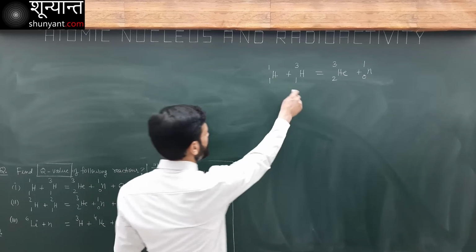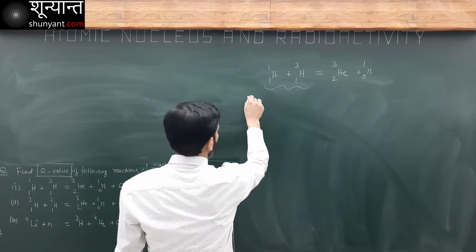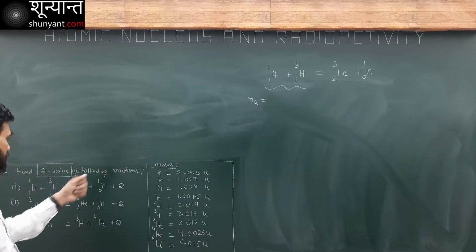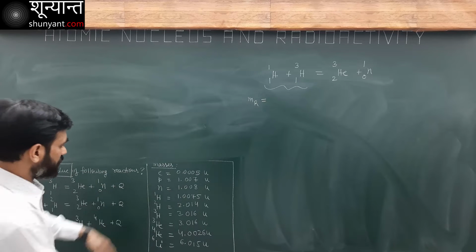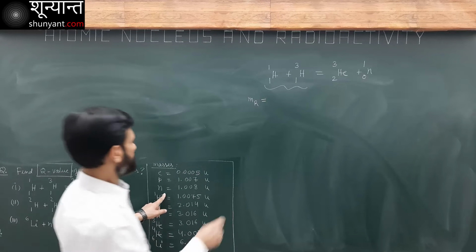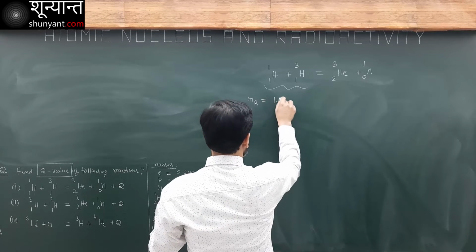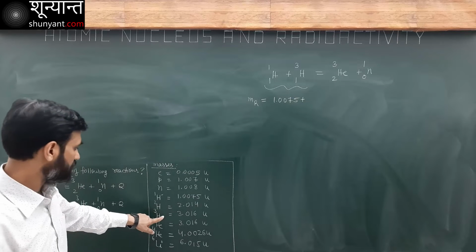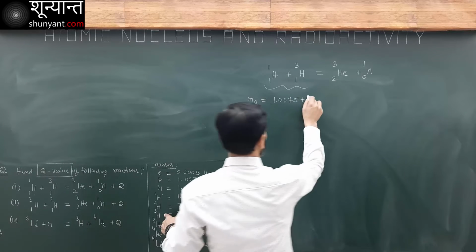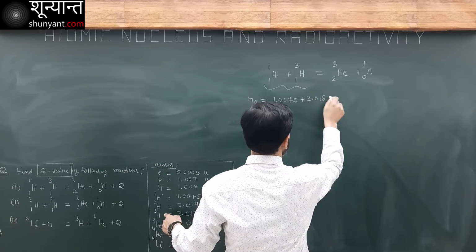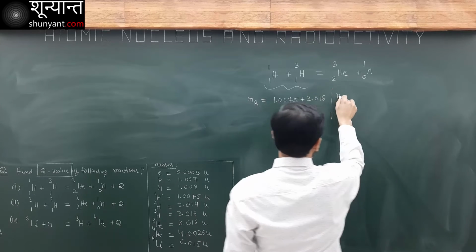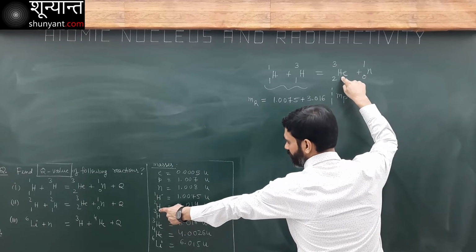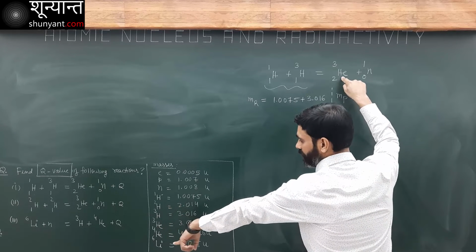I will look at the mass of reactants. The mass of hydrogen is given here, so it is 1.0075 plus hydrogen-3, which is 3.016. Now the mass of product: helium-3, where is helium-3?